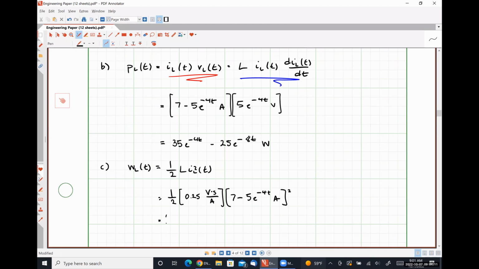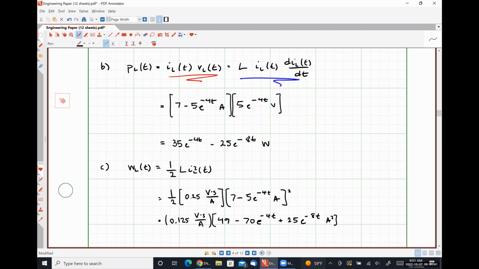Is going to look like 0.125 volt second per ampere. 7 times 7 is 49 minus 70 e to the minus 4t plus 25 e to the minus 8t amp squared.